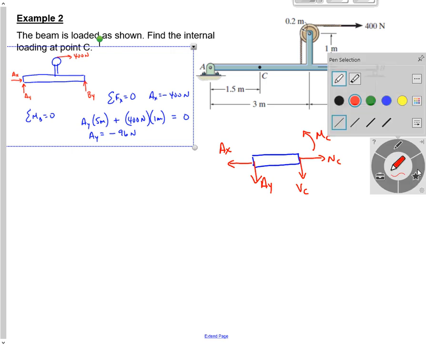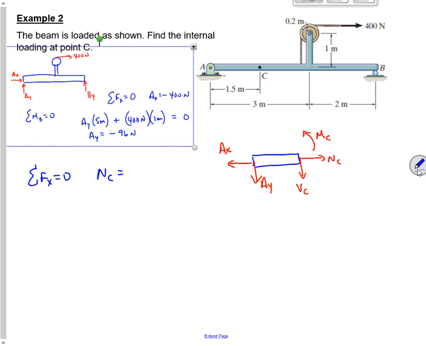So now my equations of equilibrium say that the sum of the forces x equals 0. So that tells me that the normal force is 400 newtons. Points to the right. Sum of the forces in the y direction equals 0. That tells me that VC is minus 96 newtons, which means it points up.